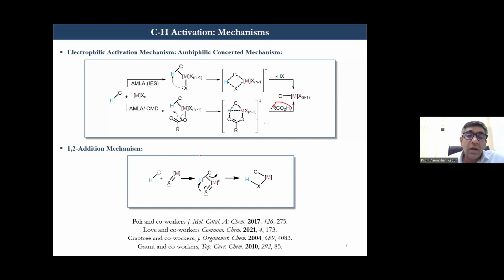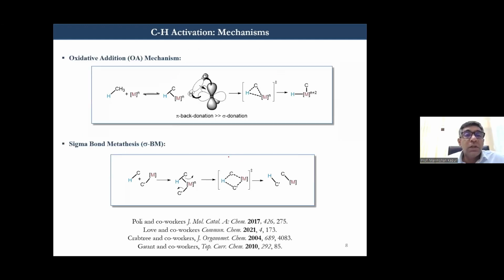Another pathway is the 1,2 addition mechanism. This is very often seen with alkylidene or alkylidyne complexes, where the CH bond adds across an M-X multiple bond, leading to the generation of a new organometallic species.